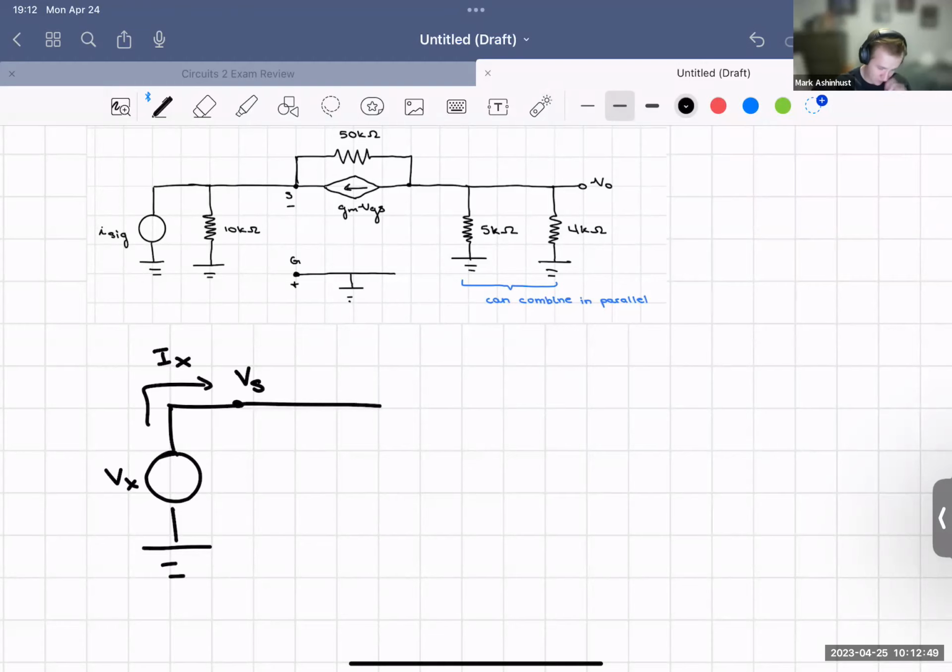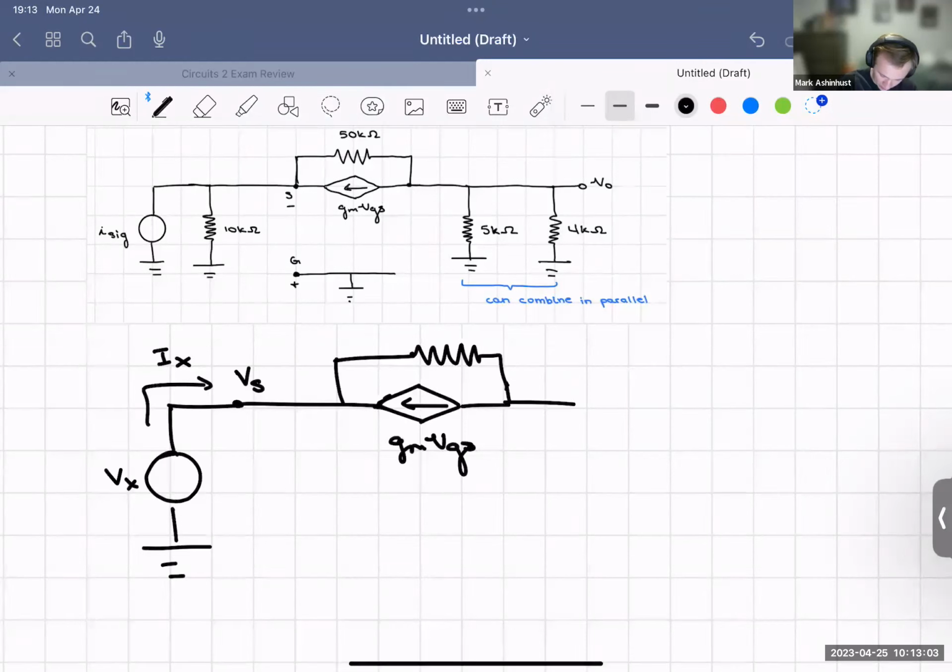We'll go out. We'll have our gm·vgs still. And then we'll have our 50K. No output because we'll see where the capacitor was. And we'll have the 2.2K here because that's the 5 and the 4 in parallel.